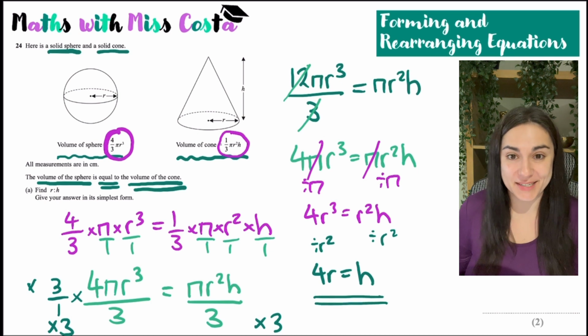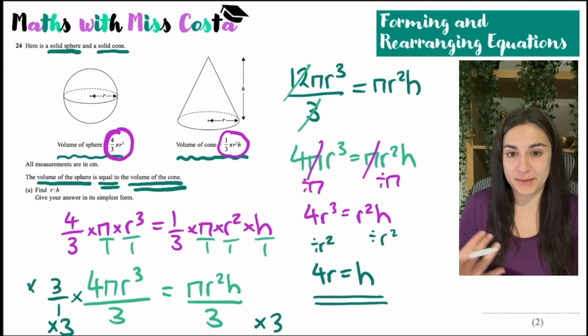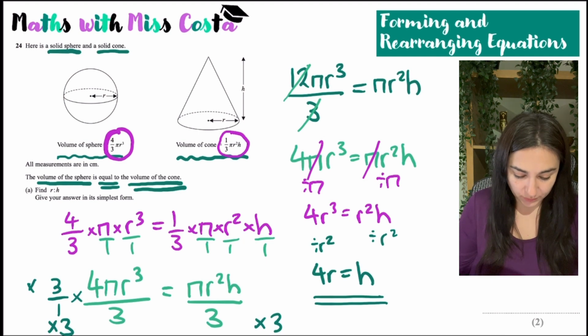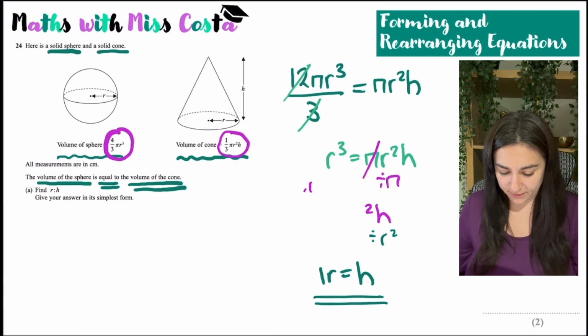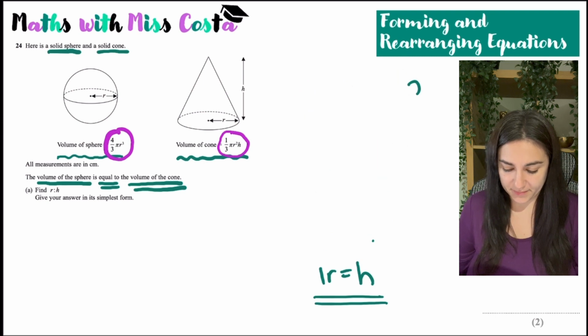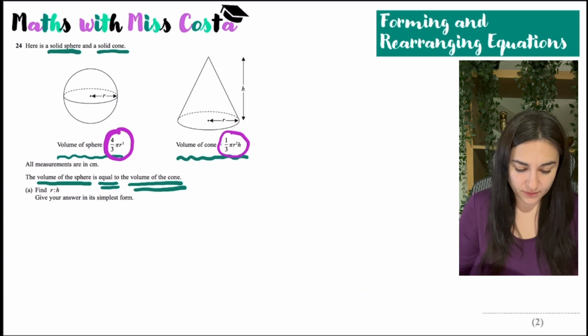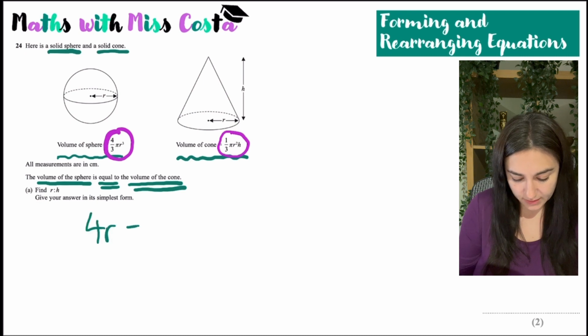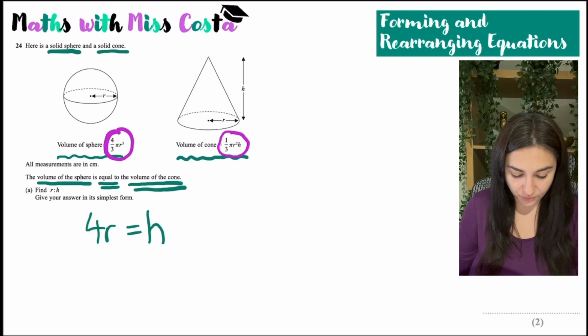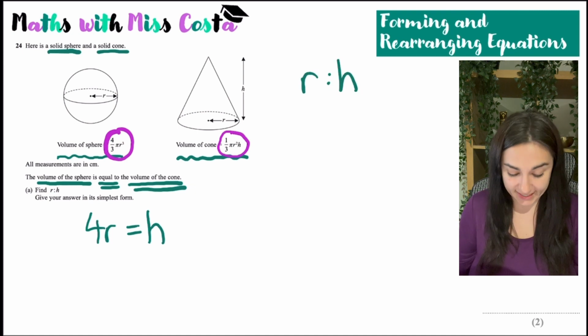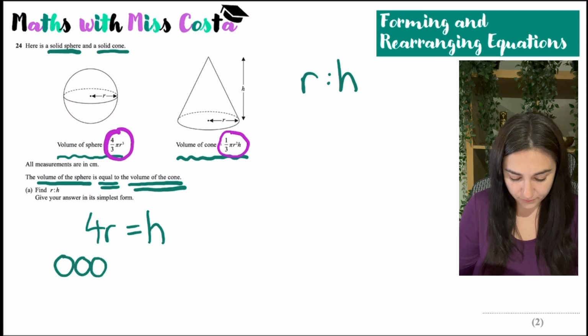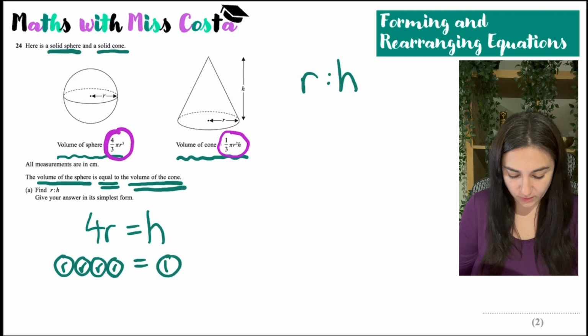Do you see how I've eliminated every variable to just be left with r and h, which is what I'm trying to find? This is another common ratio question that people always seem to get confused by, so hopefully let's go through it in a way that makes sense. I know that 4r equals h, and I need to write the ratio of r to h. So let's think about what's actually happening. 4 lots of r is equivalent to 1 lot of h.